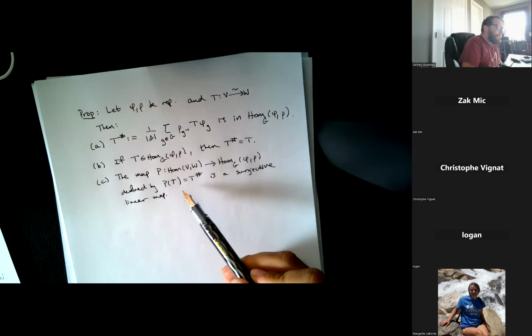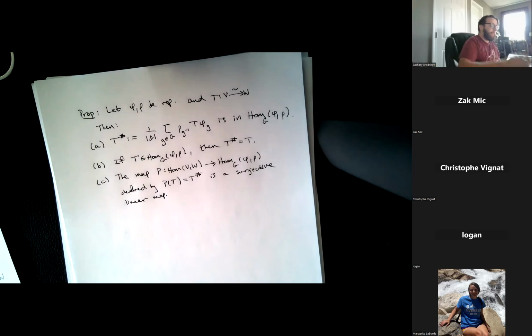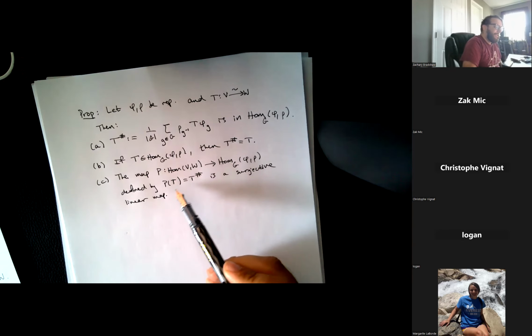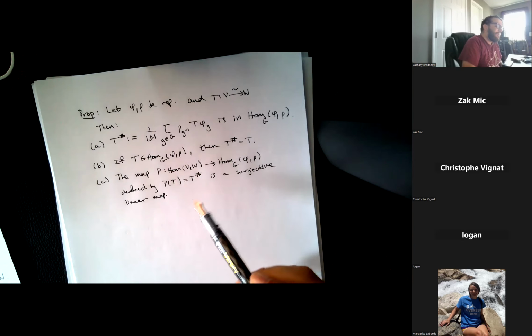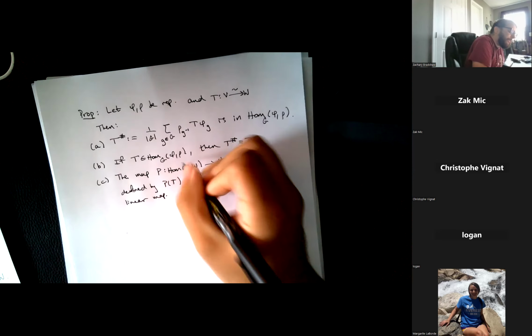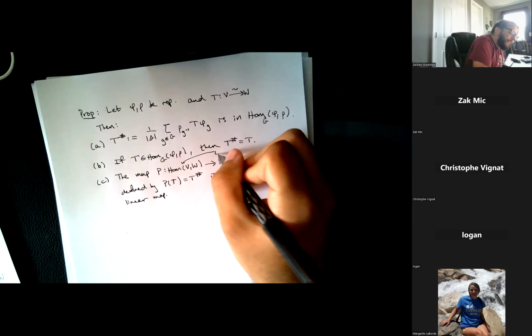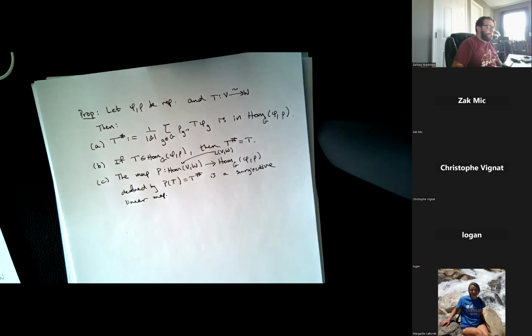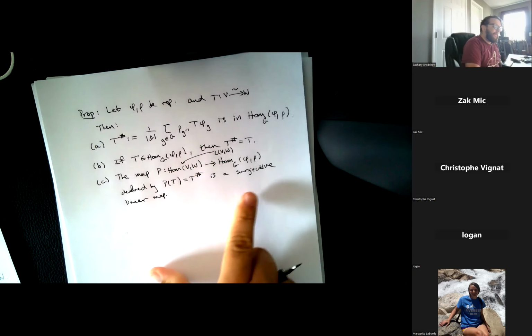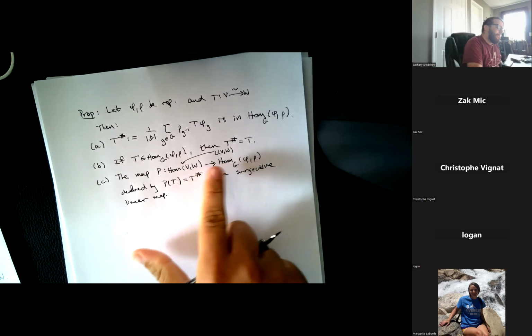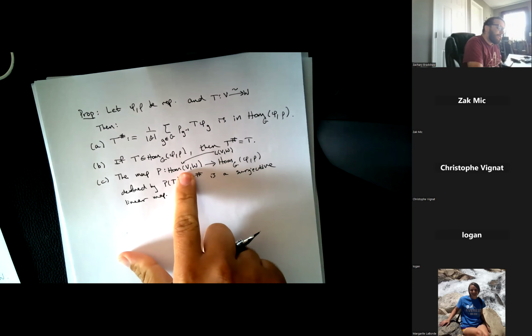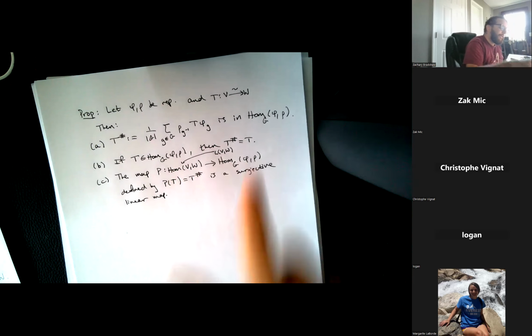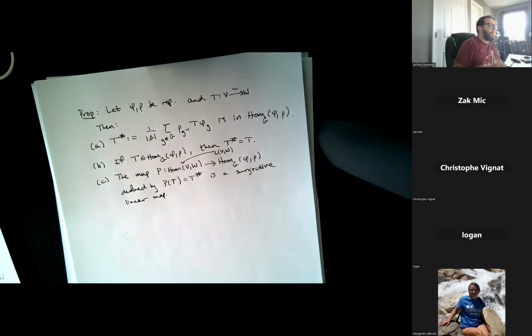The twirl map itself, this sharp symbol, if you like, is itself a surjective linear map from the space of linear maps from V to W to the space of G-invariant maps, or sorry, morphisms of phi and rho.